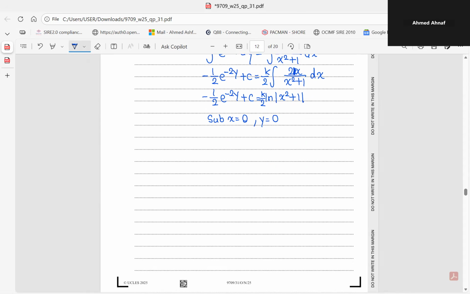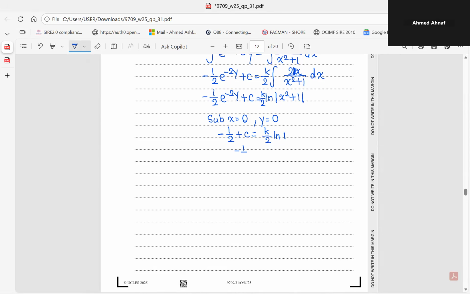Okay, so substituting y equals 0 on the left-hand side, we get minus half times e to the power of 0, which is 1, then plus c equals k over 2 ln of 0 squared plus 1, so you get k over 2 ln 1. So ln 1 is just 0.